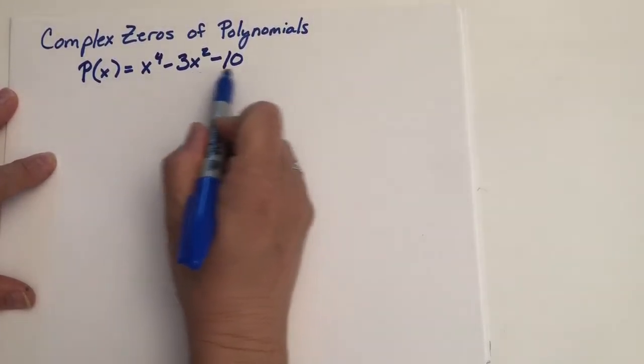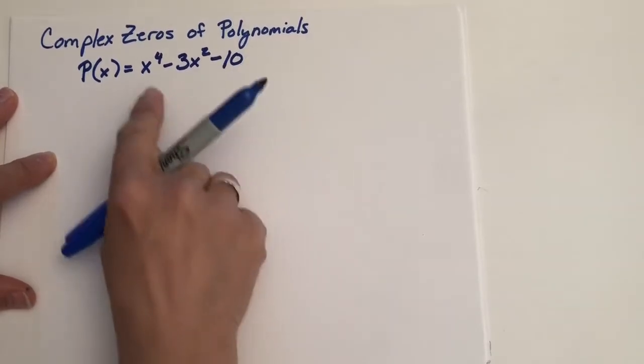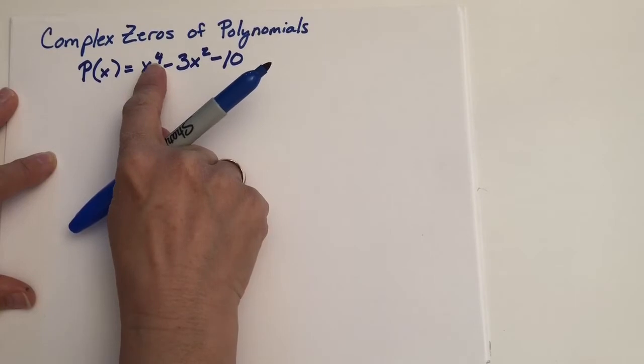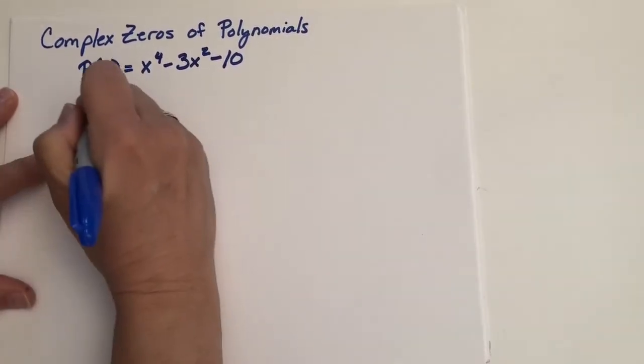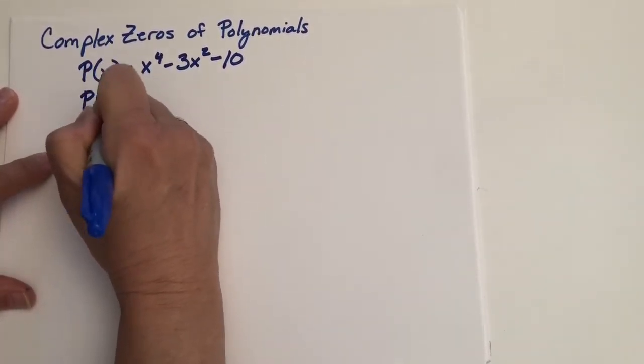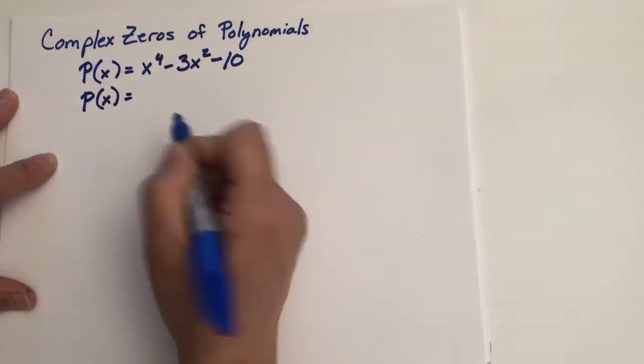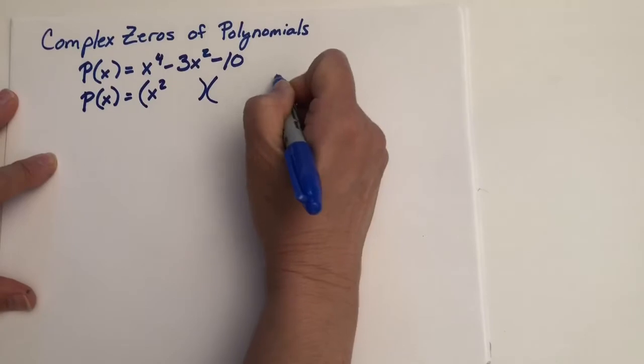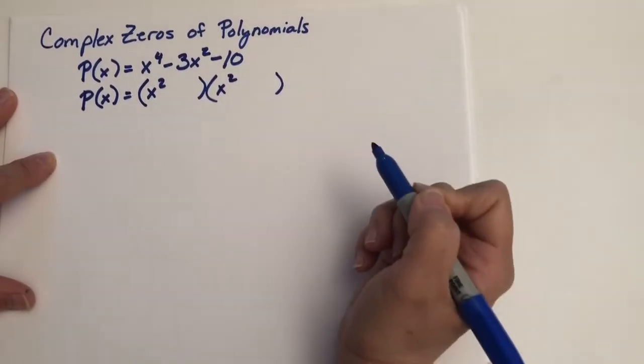We could factor this in our traditional way because it's a trinomial and the exponents are a 4 and a 2. So let's just factor it this way. By trial and error, we would put x squared here and x squared here.